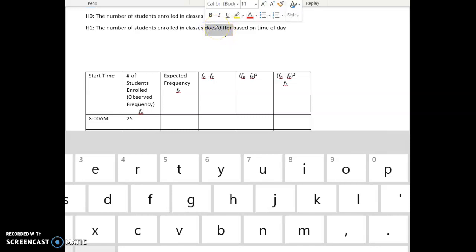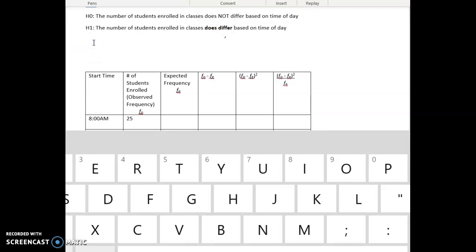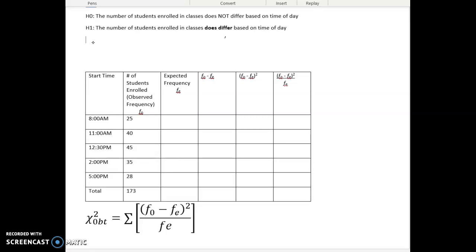So we're going to say it does differ by time of day. Okay. Whew. All right, so our hypotheses are specified. And then what we need to do is, again, look for our critical values. So again, the degrees of freedom are going to be k minus 1.